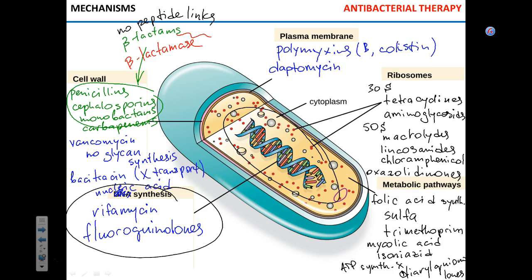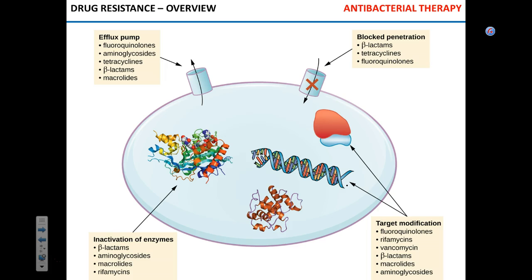You see that these guys target ribosomes. Does that make sense? So it improves your memory, because this is mostly memorization. You can build some associative connections, but that's it. Okay, we're going to talk about resistance later.